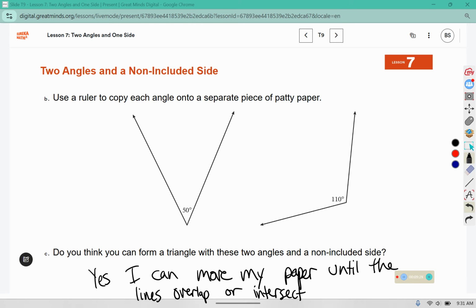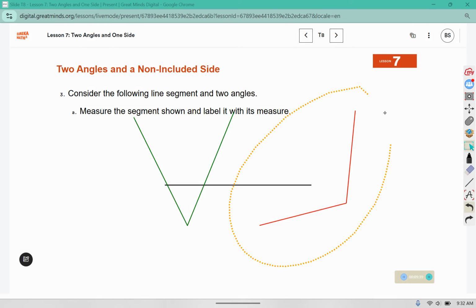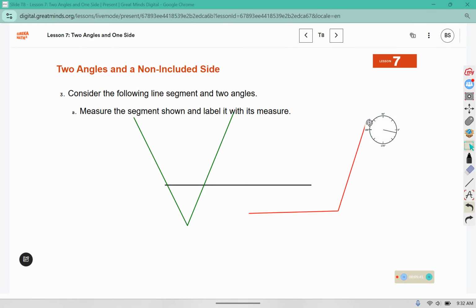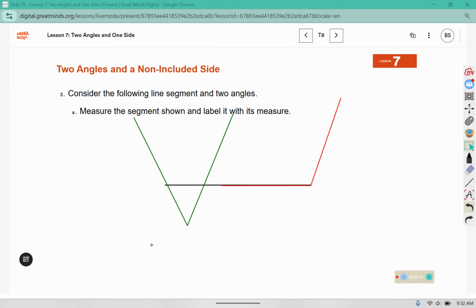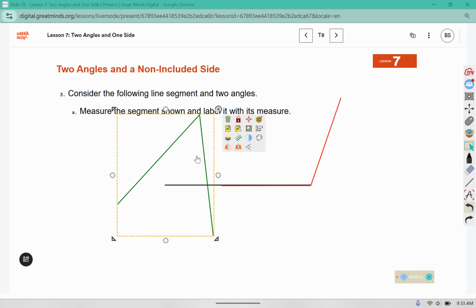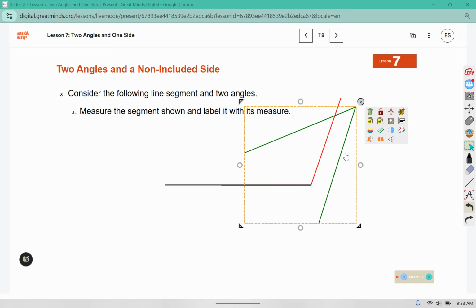So I'm going to trace those, and then I'm going to head back to part A to show you what it looks like. So we're going to line this up on the side, corner in the corner, and then we're going to take this angle and we're going to also put it on that side, lining it up with this red angle here, or this red ray.